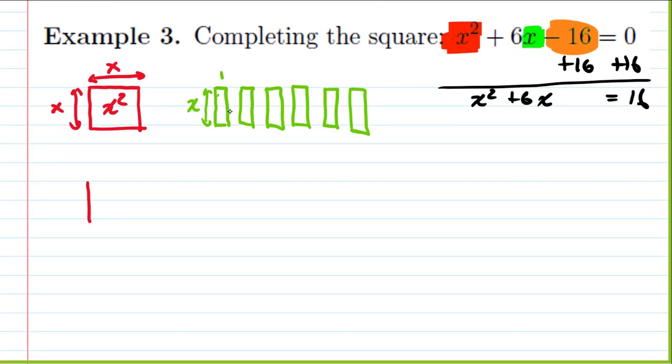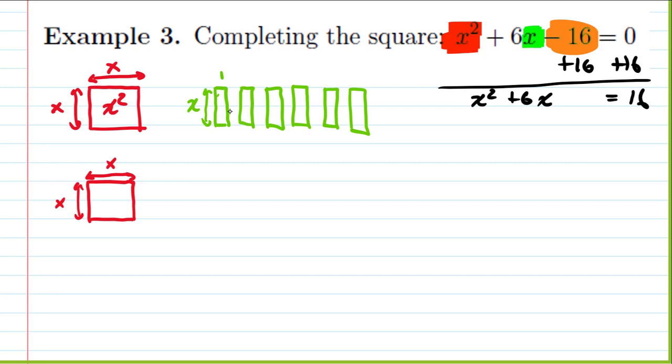So if we're going to build a square, let's start with our square piece that looks like this, that we know has side length x. Well, the property that makes a square as opposed to a rectangle is that its length and its width must be equal. So if I have 6 green rectangles and I'm trying to build a square, how many rectangles should I put on each side of this square?